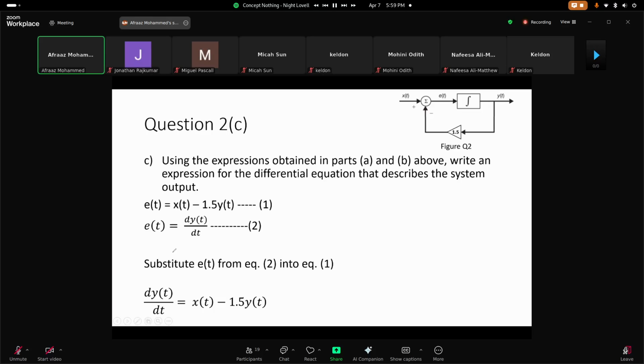From equation 2, you substitute E of t, which is equal to dy of t/dt, into equation 1. So you replace E of t with that, and that gives dy of t/dt equal to x of t minus 1.5 y of t. That is your differential equation that describes the system output.